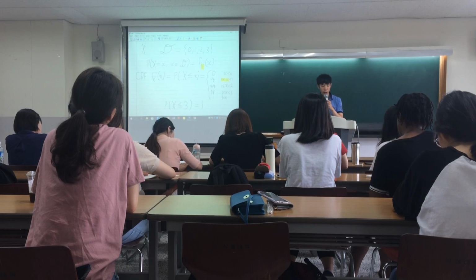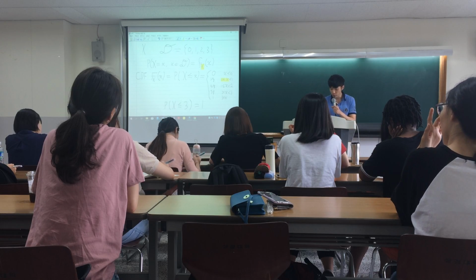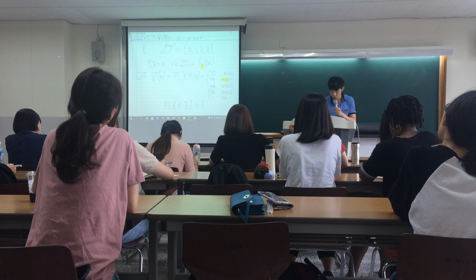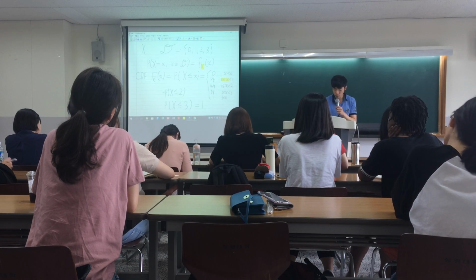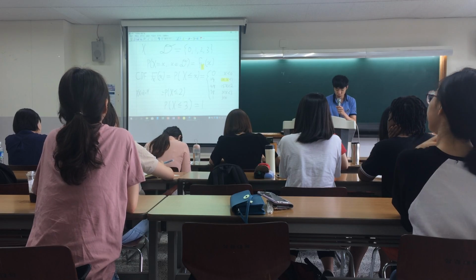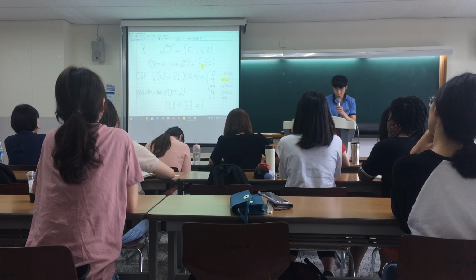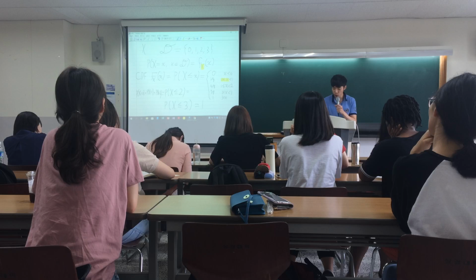There is no way that it'll be more than 3, right? That's what this is saying. The probability that x is less than or equal to 2 is basically the probability that x is 0 plus probability x is 1 plus probability that x is 2, right? So I added the first 3 and I got 7/8.